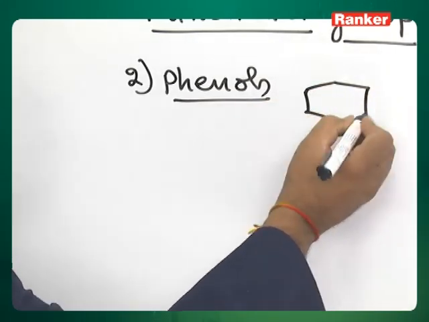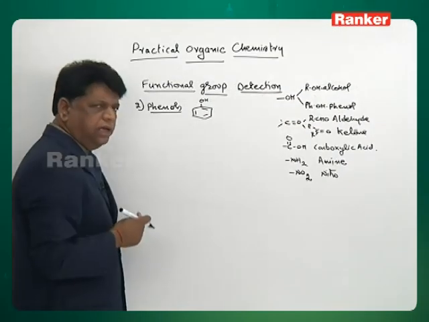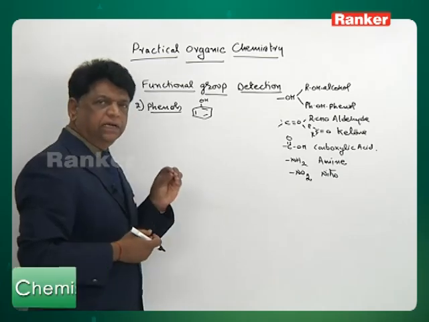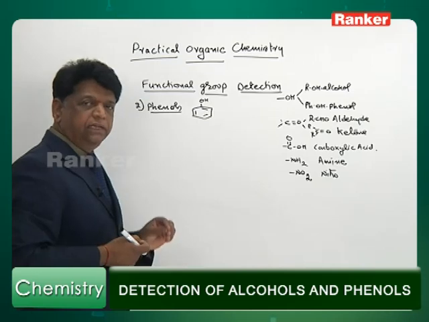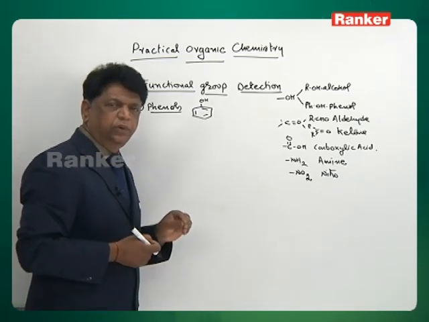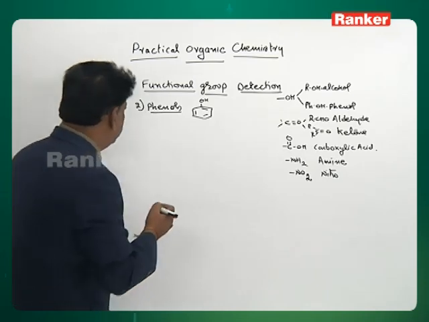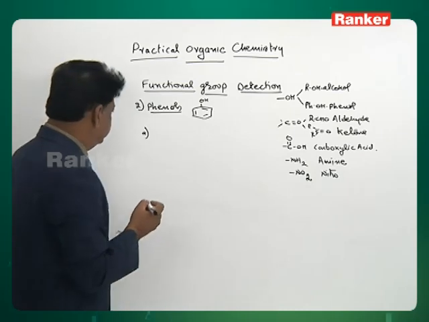Phenols are when OH is attached to either benzene or any aromatic system. If OH is directly attached, that is called phenol. If OH is attached to a saturated system like methyl, ethyl, propyl, they are called alcohols. Phenols have a number of color-giving reactions.